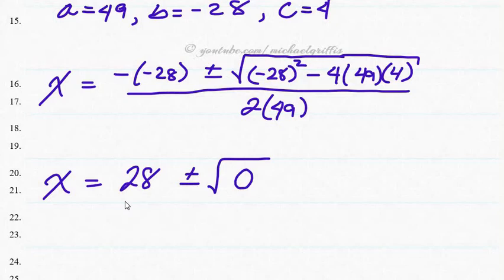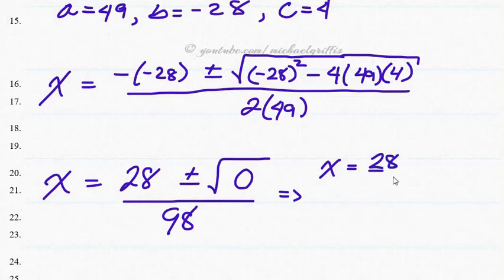What happens when you get 0? What can we say about that? And that's going to be all over 2 times 49 is 98. So this actually reduces down to x for one solution is 28 over 98.